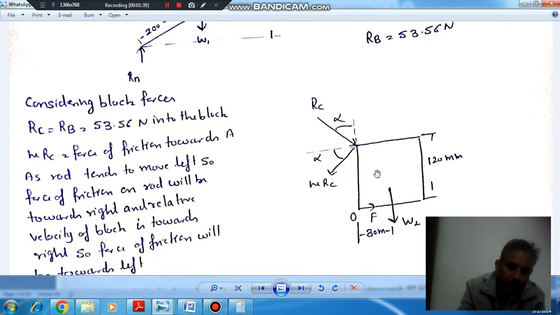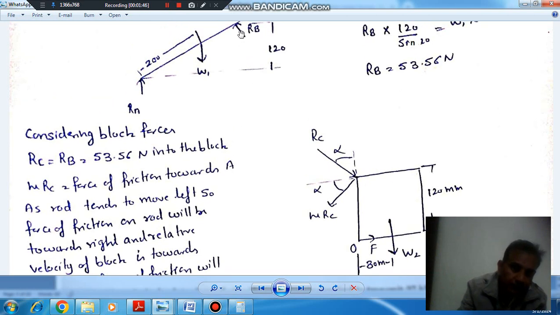So now considering the forces on the block. As RB is the reaction on the rod, RC is the reaction on the block, and RB and RC will be equal.